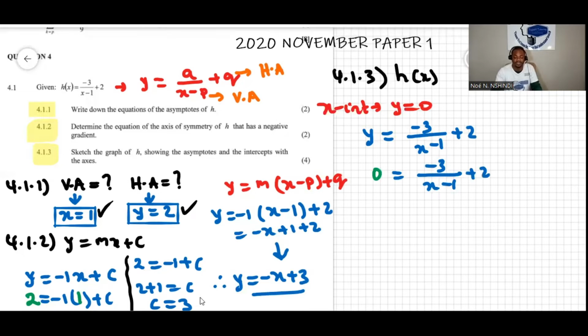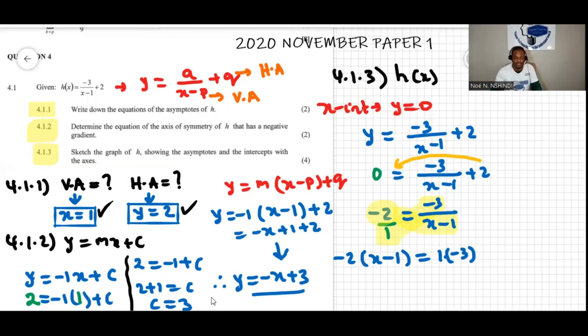So if I move the positive 2 over, this will become -2 equal to -3 over x minus 1. Now, remember that all integers have a denominator of 1. So we can solve this by cross multiplication. This will become -2 open bracket x minus 1 close bracket equal to 1 times -3.